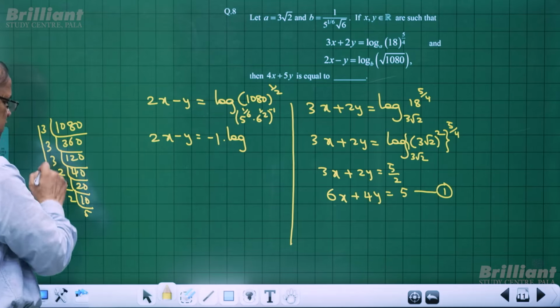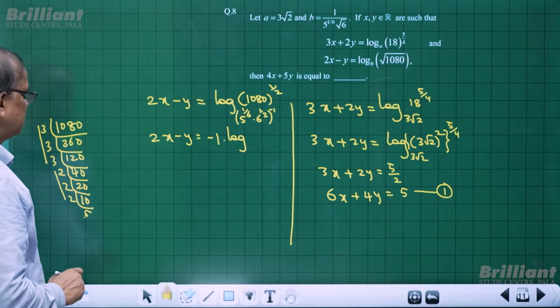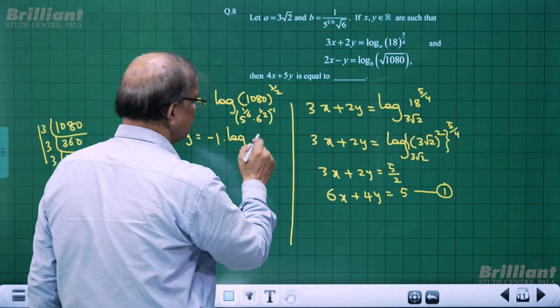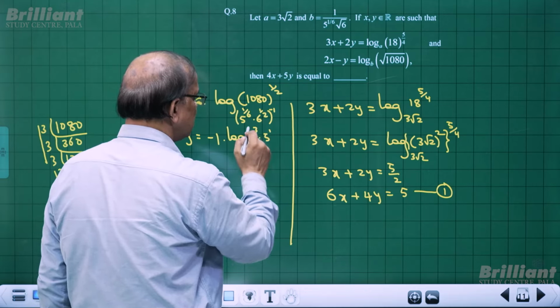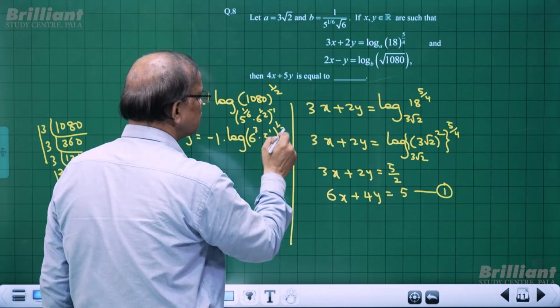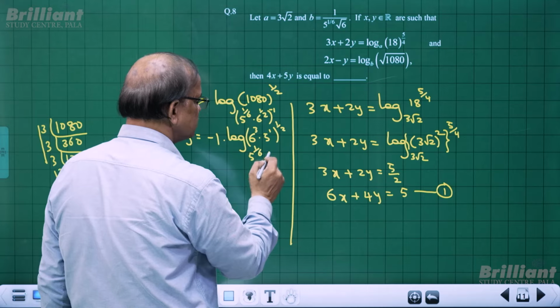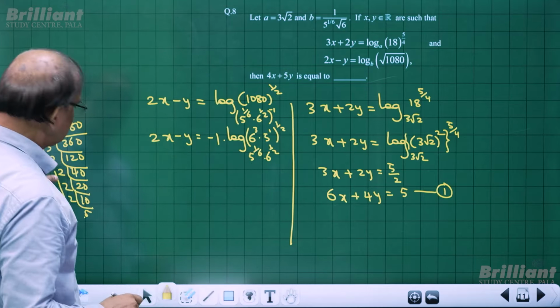So, 3 cube, 2 cube into 5, that is 6 cube into 5. So, 6 cube into 5 power 1 whole power 1 by 2, base 5 power 1 by 6 into 6 power 1 by 2. So, 3 cube 2 cube.